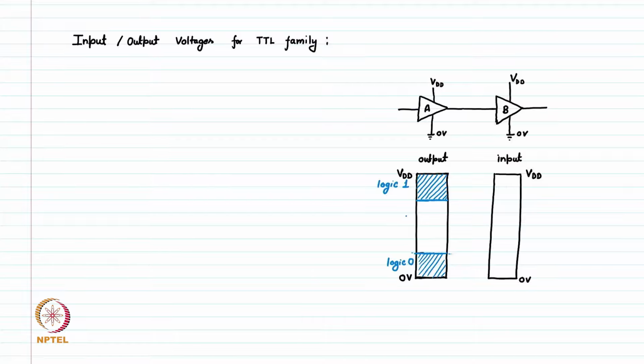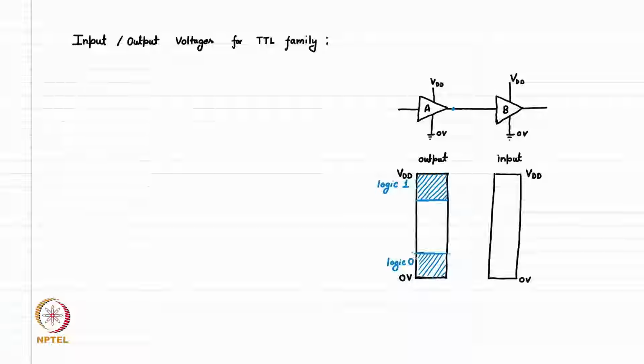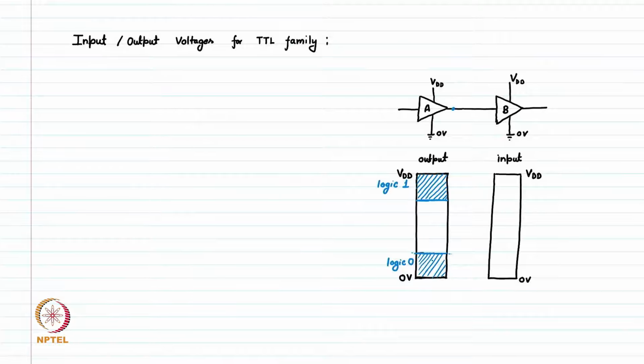So, if the output of this gate A is between 0 volt and 200 millivolt, I still accept this as a logic 0. It means the logic 0 has come, and if the output of this logic gate A is 5 volt or 200 millivolt less than that 5 volt, I still accept that as a logic 1.